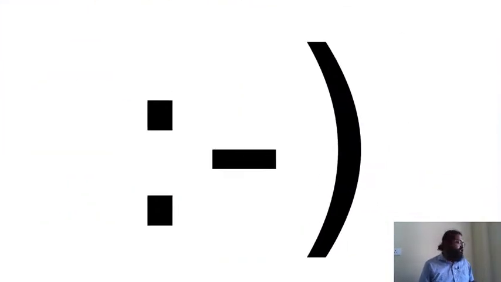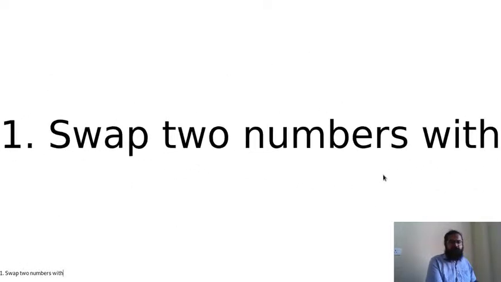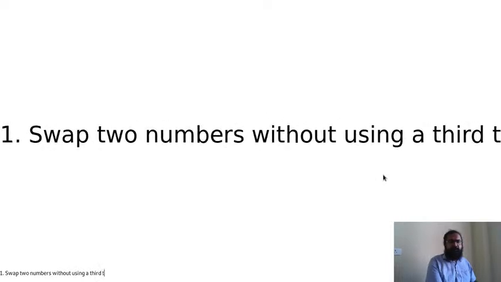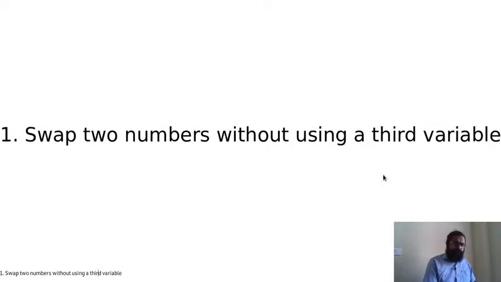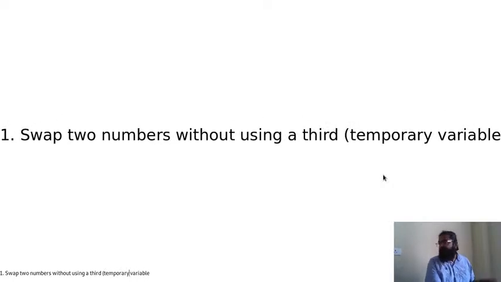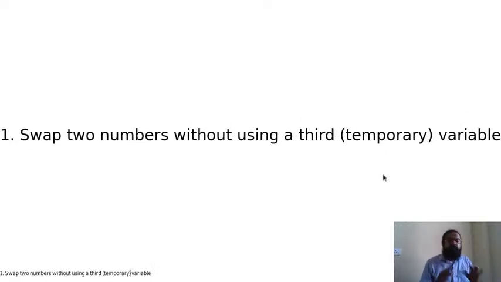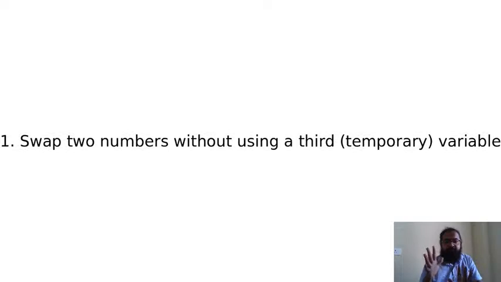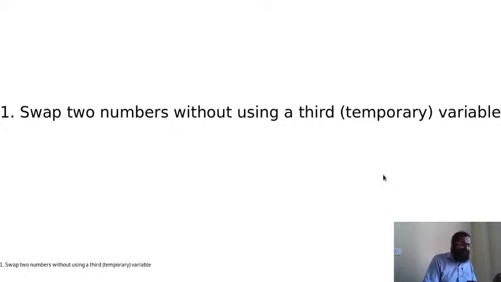So the first question is, swap two numbers without using a third temporary variable. If it was in Python, I would say a, b = b, a would do the work.